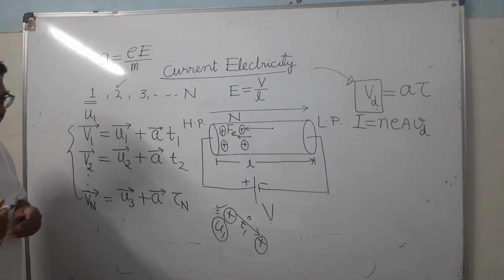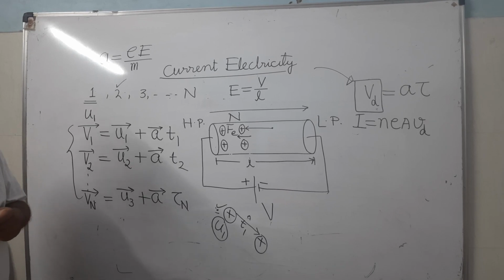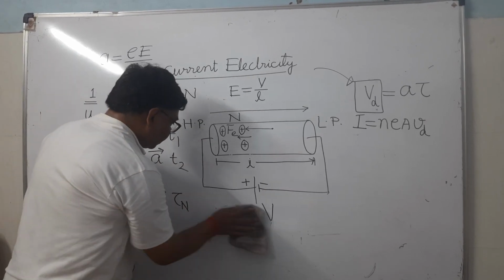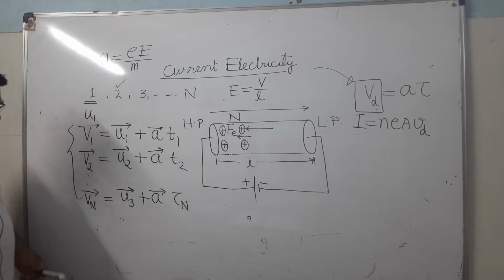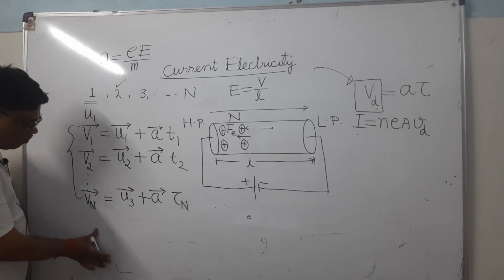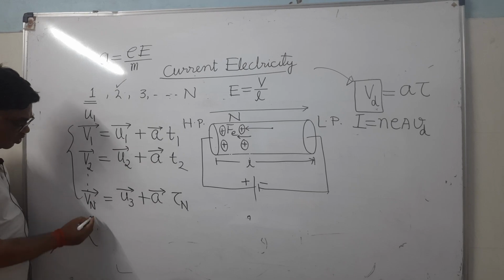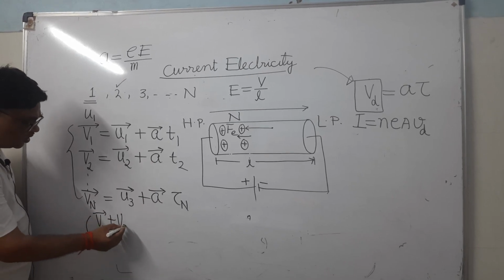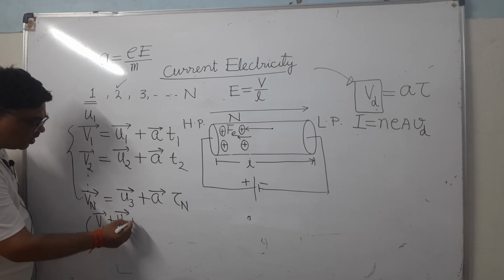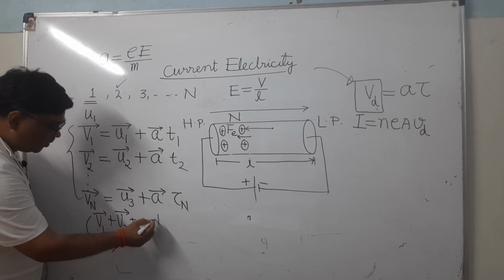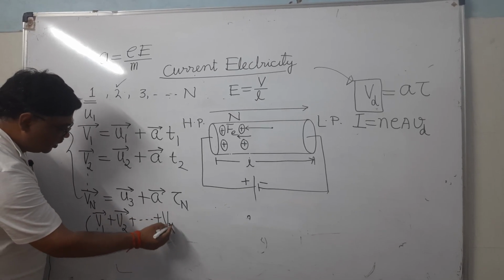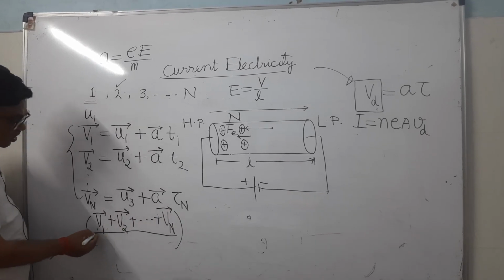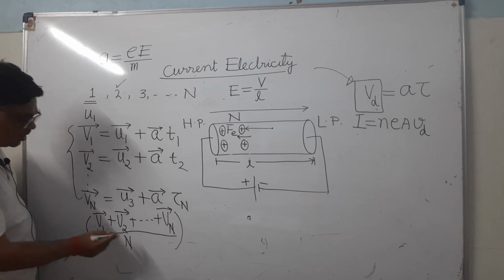So how will you find the average? The average can be found by adding all of them and dividing by capital N. इनको add कर लें और capital N से divide कर दें, तो left hand side में vector v1... this is what? This is the average velocity of free electrons under the influence of potential difference.